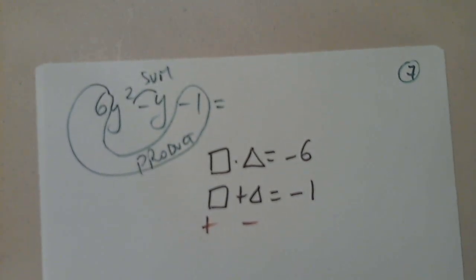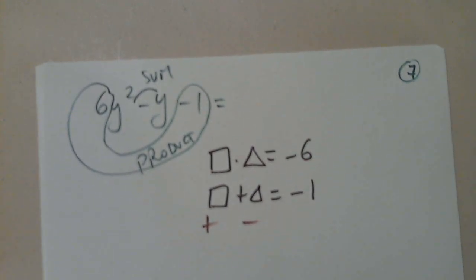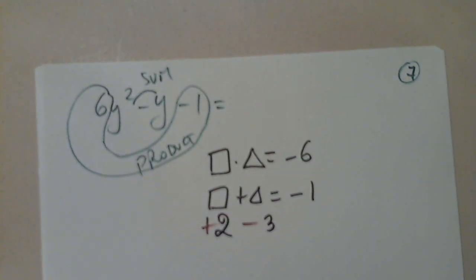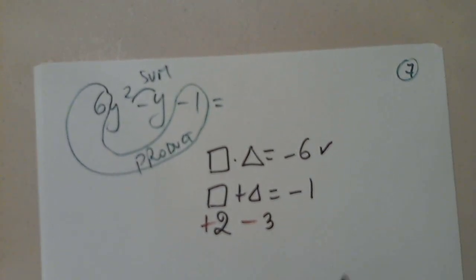Can we find two numbers whose product is negative 6 and whose sum is negative 1? Anyone? Negative 3 and positive 2. When I multiply them, I get negative 6? Yes. When I add them, I get negative 1? Yes.